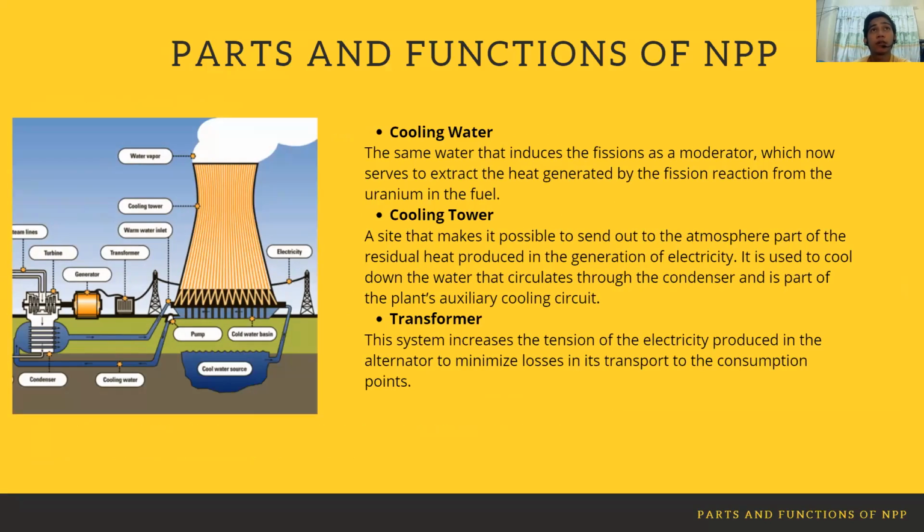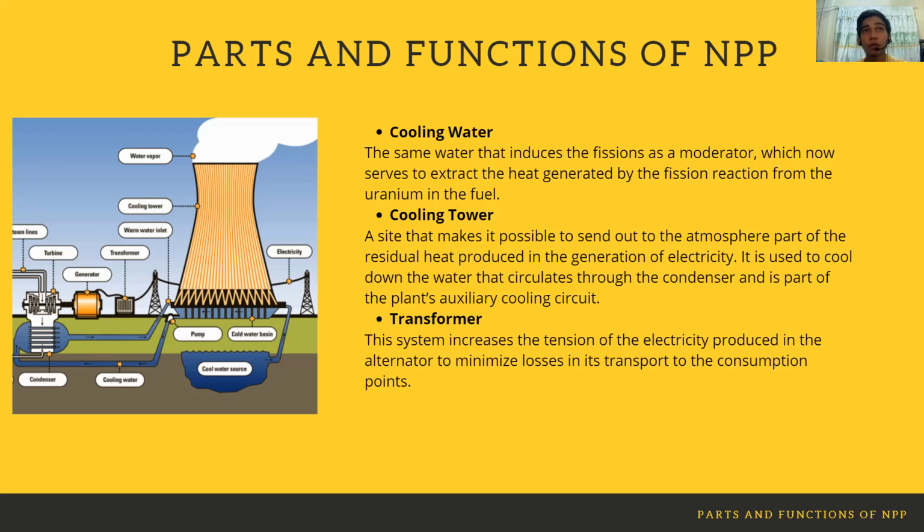Cooling water is the same water that induces the fissions as a moderator, which now serves to extract the heat generated by the fission reaction from the uranium in the fuel. Cooling tower is a site that makes it possible to send out to the atmosphere part of the residual heat produced in the generation of electricity.